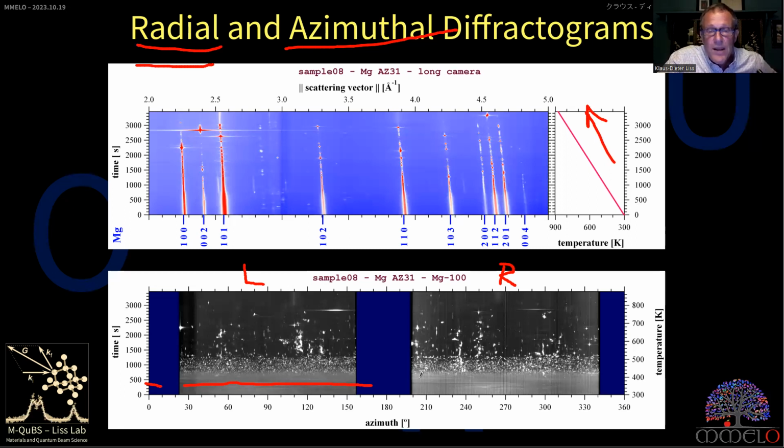Eventually, we get a transition from continuous ring to these marble-shaped, marble speckled areas. And this is the recrystallization. So in this transition range, recrystallization takes place.